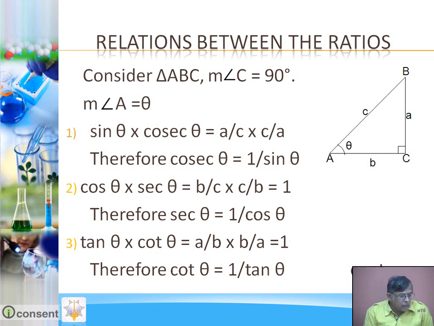Sin theta means opposite side upon hypotenuse, that is A upon C, and cosec theta is the reciprocal of sin theta, and therefore it is C upon A. So A cancels, C cancels, and this product is equal to 1. This means cosec is a reciprocal of sin theta. Similarly, sec is a reciprocal of cos theta, and cot is a reciprocal of tan theta.